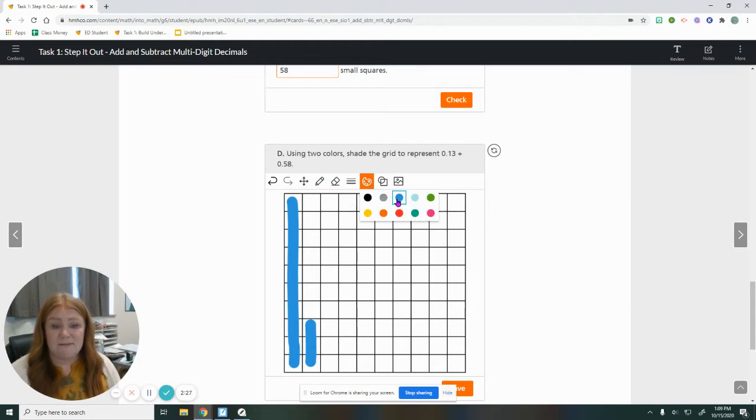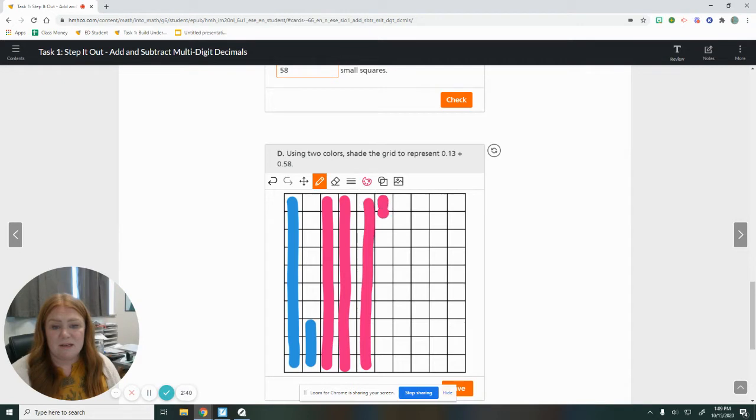So now I need a different color. I'm going to use pink here. So I'm going to start here, and I'm going to say here's 10, 20, 30, 40, 50, and I need 8 more. 50, 1, 2, 3, 4, 5, 6, 7, 8, 58.